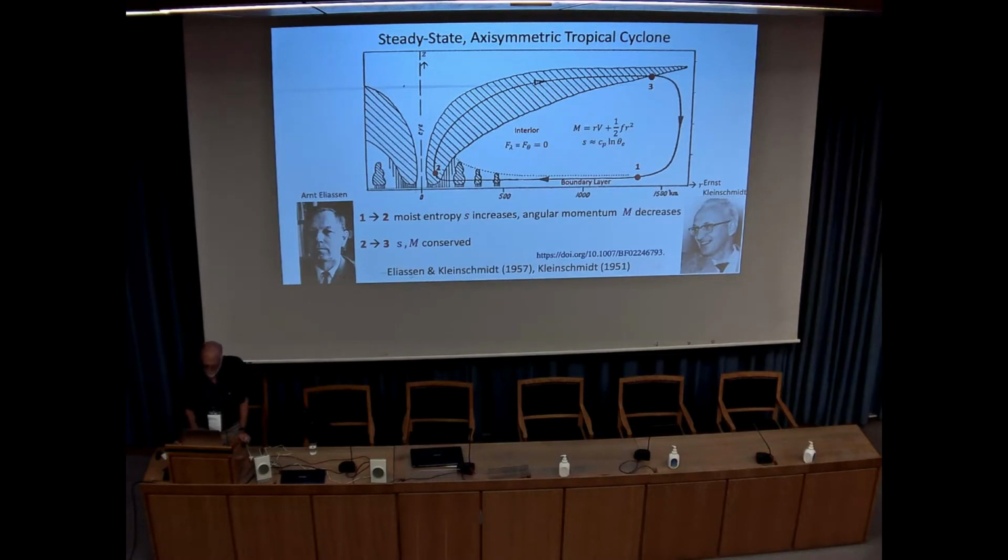They basically understood the basic workings of the axisymmetric steady-state hurricane, where air parcels, as they come spiraling in from 1 to 2, pick up their moist entropy, or theta E. I'm going to use those terms interchangeably. S is the moist entropy, and theta E is the equivalent potential temperature, but they're related through a simple algebraic formula.